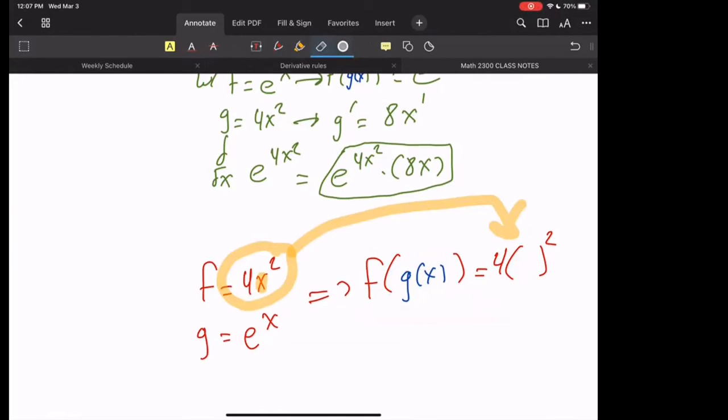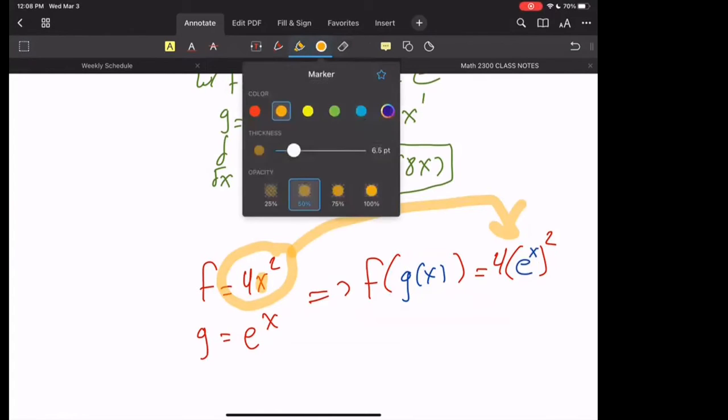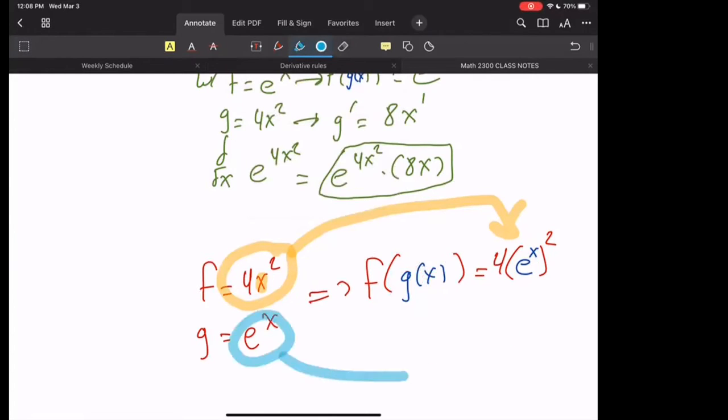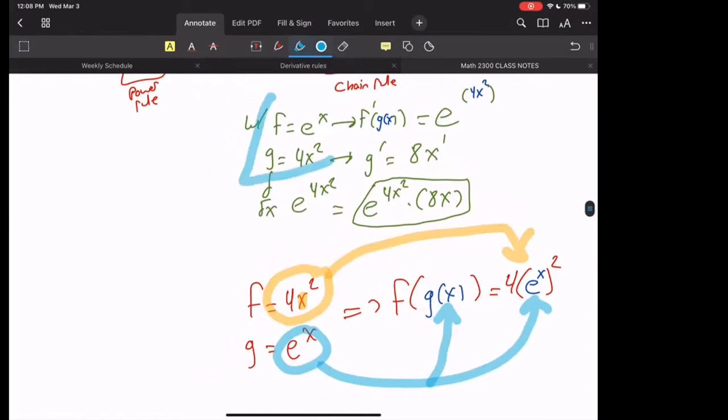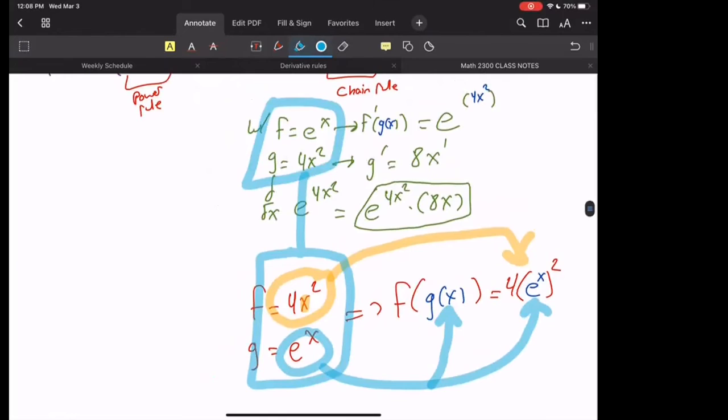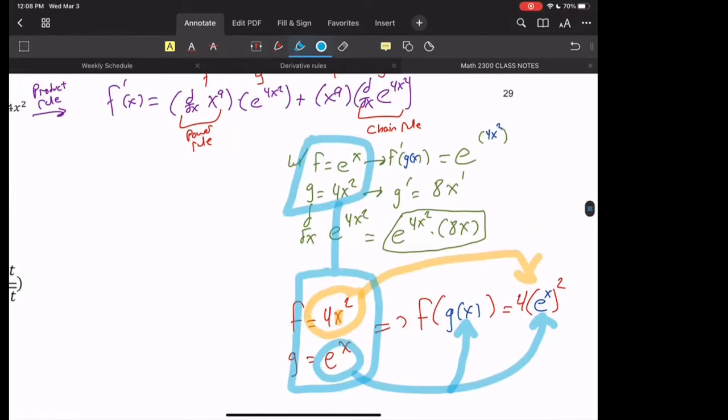And then if I was going to put something into that x, like e to the x, it would look like this, just taking this piece and putting it inside there. What I'm trying to do is contrast what it would look like to have these two switched. And if you can see how they look differently, that's what we're going for.